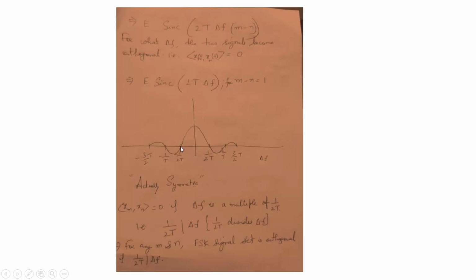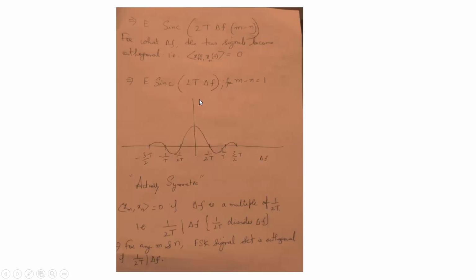This is 0 here, this is 0 here, at the multiples of 1 by 2T. So at 1 by T as well, it will go to 0. So what happens is this dot product will go to 0 when Δf is a multiple of 1 by 2T, and the two signals will be orthogonal to each other.